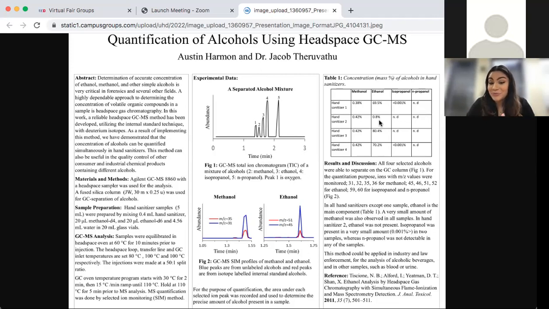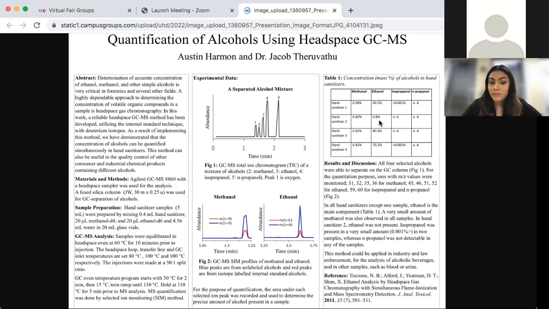What is your study about? This study is about figuring out how much alcohol is in hand sanitizer samples. We used gas chromatography to test 4 different hand sanitizer samples to see how much alcohol, if any, was present in each sample.